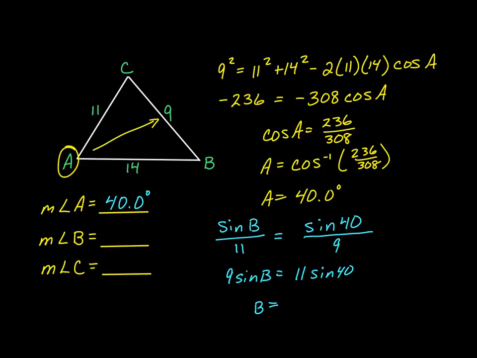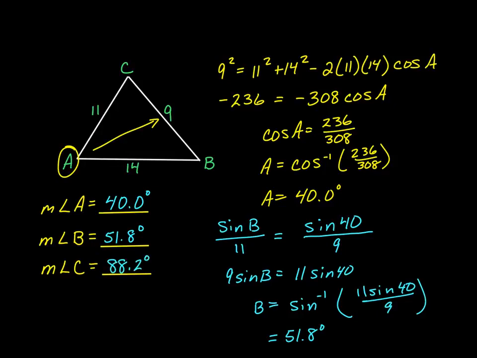If you divide by 9 and then take the sine inverse, that is going to come out to 51.8 degrees. And that looks reasonable for measure of angle B. So we do have 51.8 degrees here. And then we can get angle C by adding these together and subtracting from 180, and that would come up with 88.2 degrees.